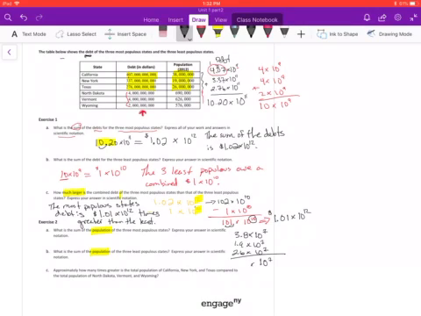Then I add the lead factors. 8, 9 is 17, and 6 is 23. 2 and 3 is 5, and 1 is 6. 8.3 times 10 to the 7th is the population of the most populous.